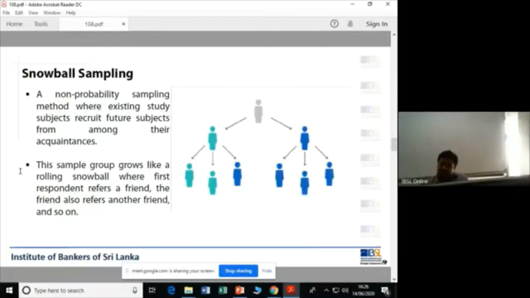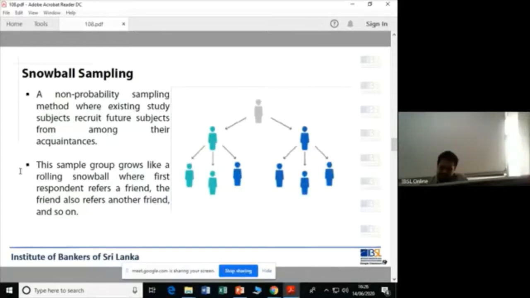Could you take 5 minutes of your precious time and fill this in for me? Also, you might say, if you could find some more suitable candidates, kindly forward it so that our friend who is doing the research will have more data points. That's one of the classic examples where you can see snowball sampling being used.